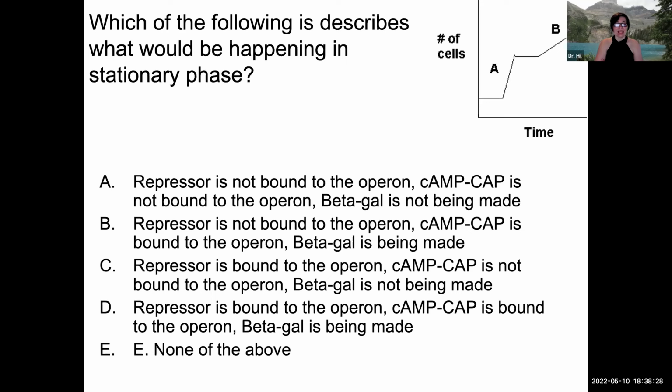But in that case, where they're both bound, yeah, RNA polymerase is there, right? But so is the repressor. Are we getting transcription?